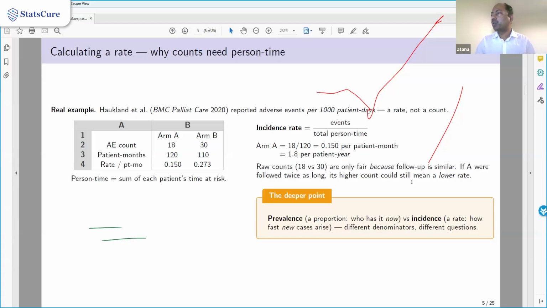Prevalence is a proportion who have it now, versus incidence, a rate of how fast new cases arise. Different denominators answer different questions. Again, you have to predefine in your analysis plan and proposal that you are going to calculate incidence rate, and that's the way it should be calculated.